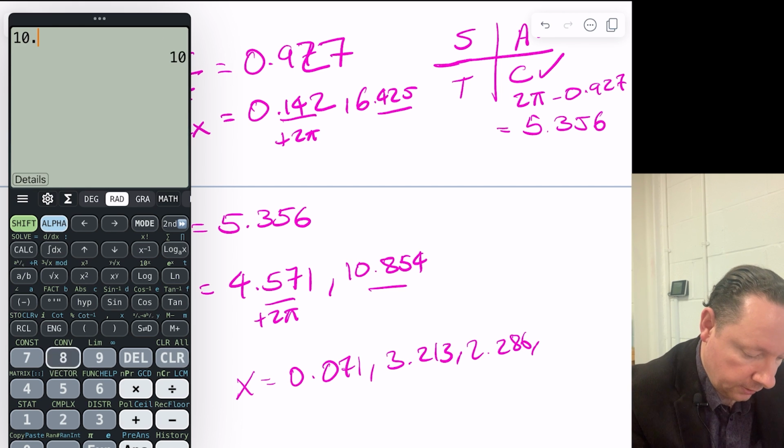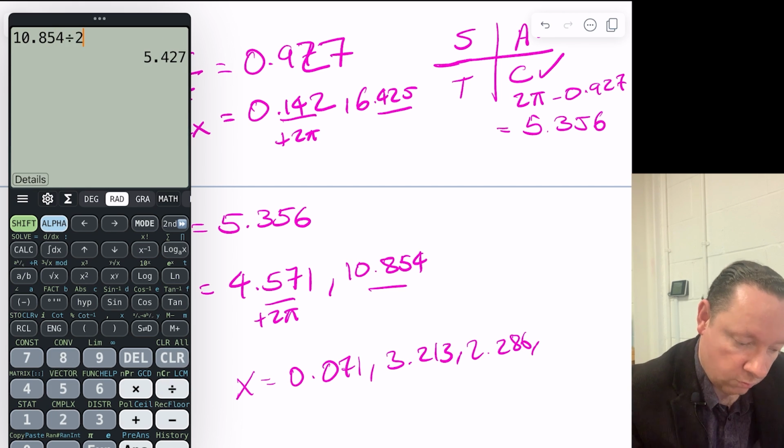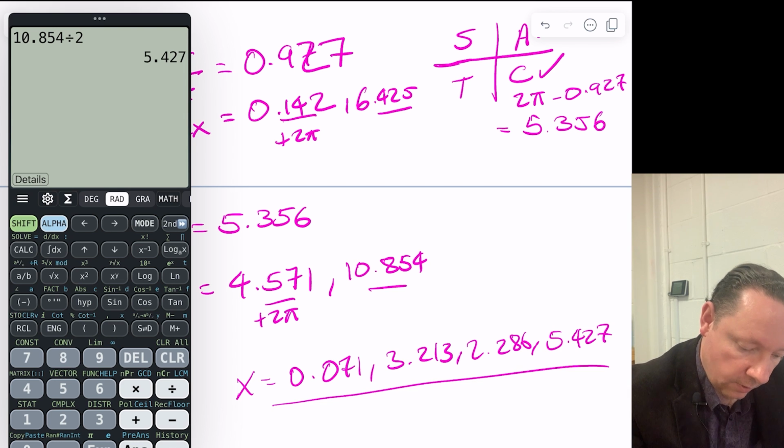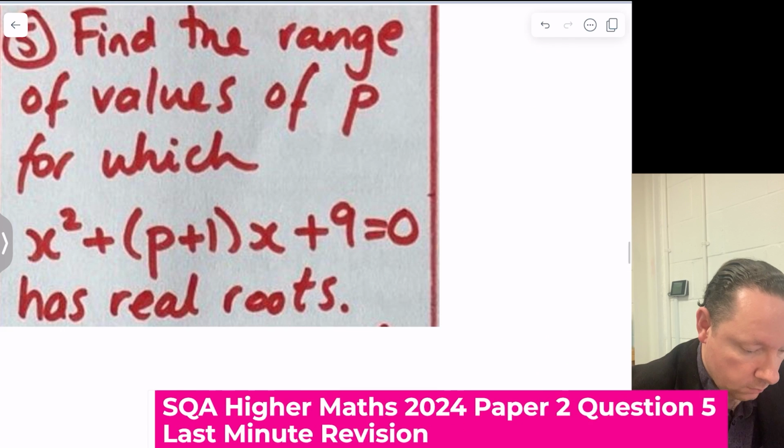And finally, 10.854 divided by 2 is 5.427. You could write more. I think that'll be fine, and we're done there.